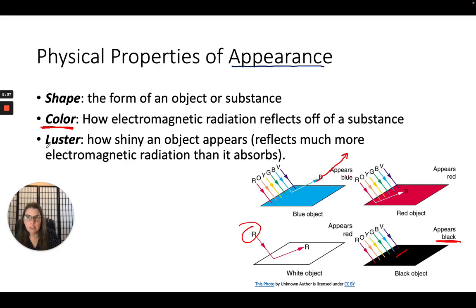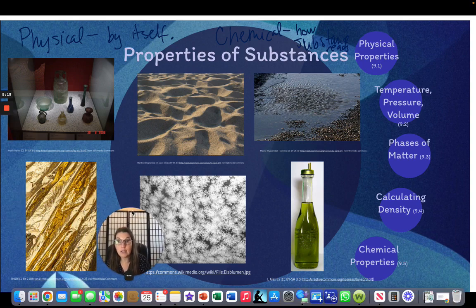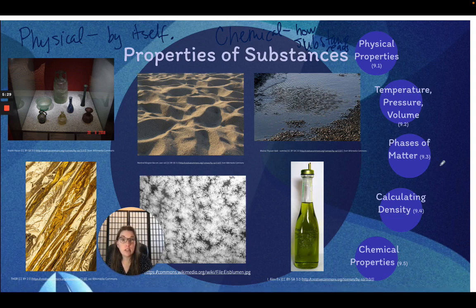Similarly, another physical property is called luster, and this is how shiny an object appears. So when we're going back to look at some of these substances, this gold foil right here has very high luster. You can see it's very shiny. It's reflecting a lot of light back. So what luster is really saying is that the substance reflects a lot of light such that it looks shiny.